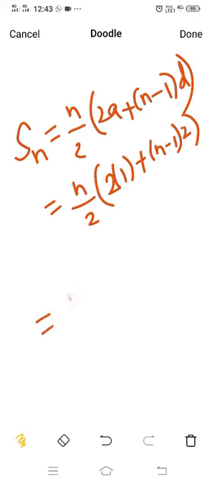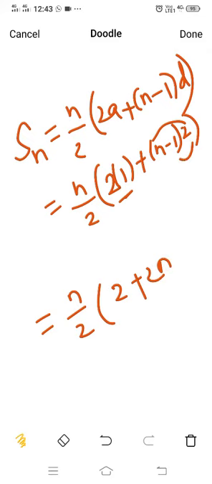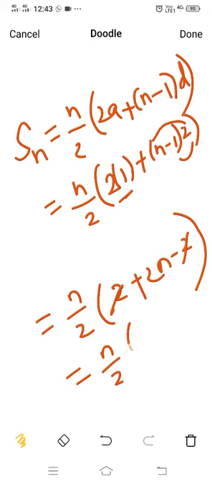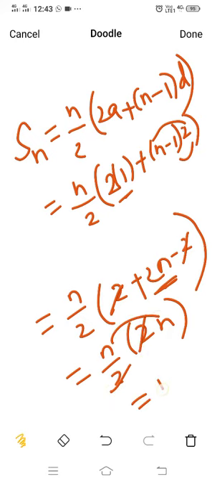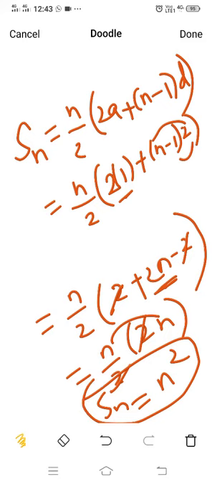So n by 2, 2 ones are 2, plus you multiply this to this inside, 2n, 2 into 1 is 2. Now this 2 and this 2 get cancelled. So n by 2 into 2n. So inside only 2n is left. Now this 2 and this 2 get cancelled. n into n is n square. So we got the value of Sn as n square. That's all. Okay, thank you.